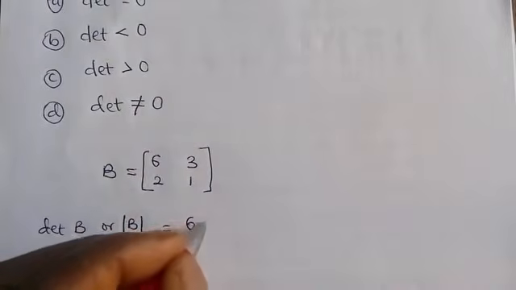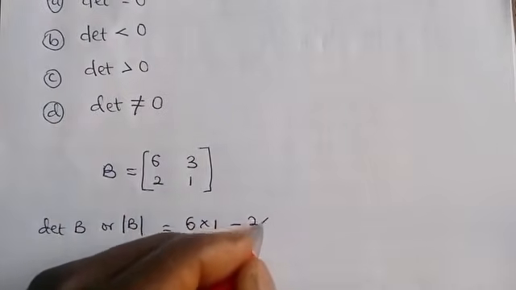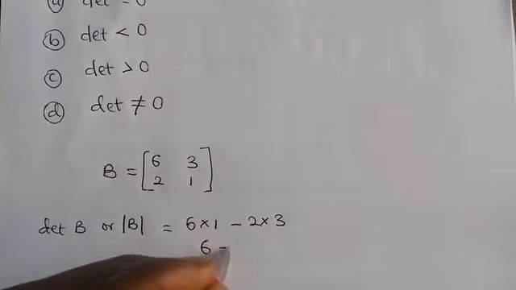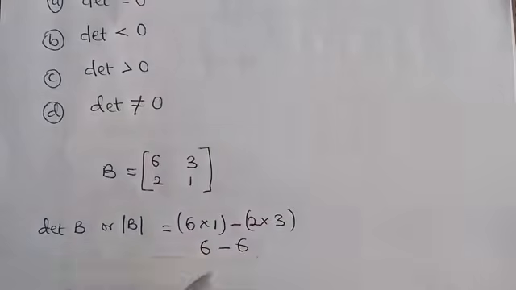That is 6 times 1 minus 2 times 3. 6 times 1, we have 6. Minus 2 times 3, we also have 6. 6 minus 6 is going to give us 0. So this matrix, whose determinant is equal to 0, is said to be a singular matrix.